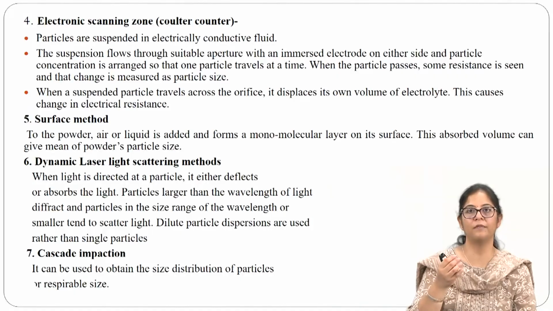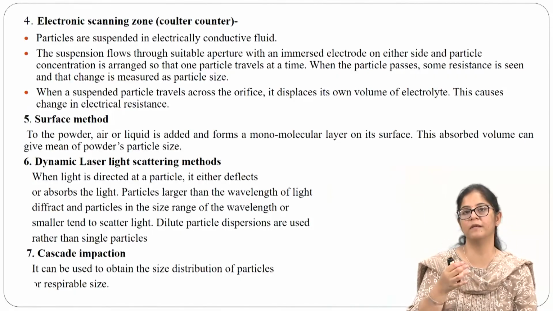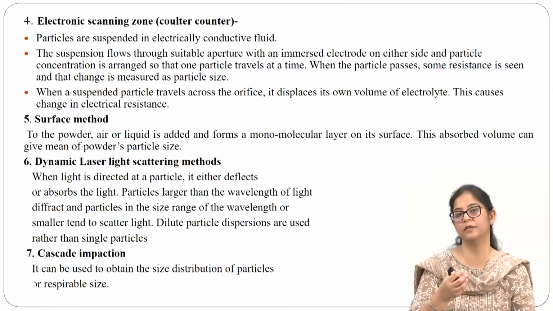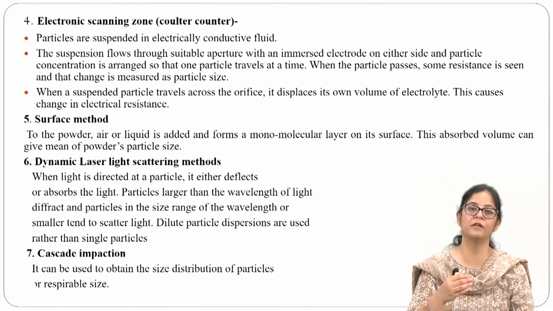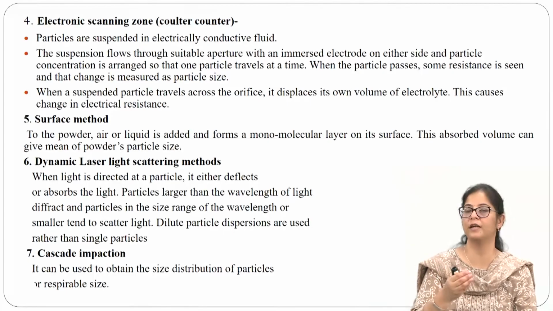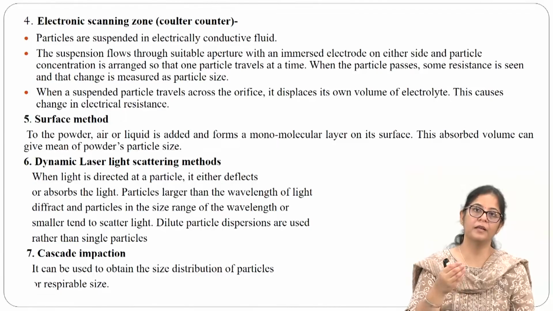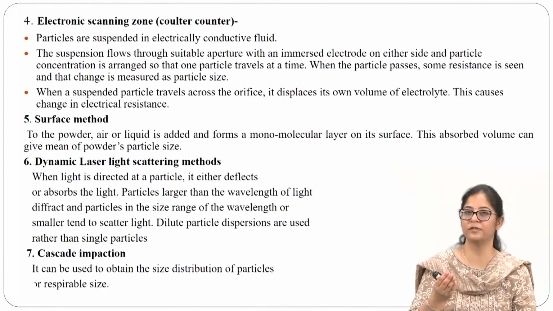So basically what happens is, when the particle passes, it will displace a specific volume of electrolyte which is equivalent to its own volume, and this causes a change in the electrical resistance, which is then reflected in terms of its size.